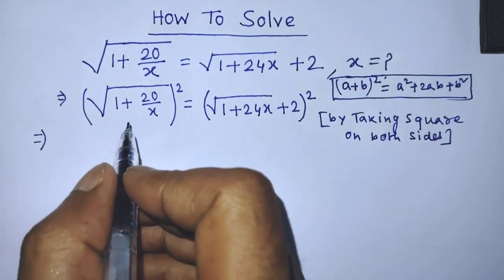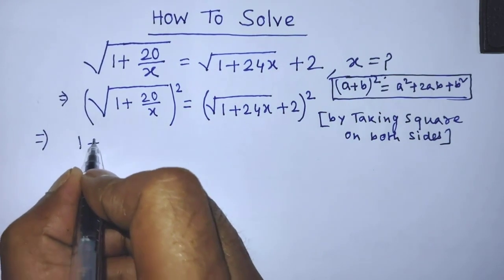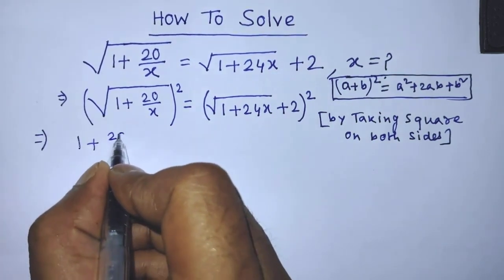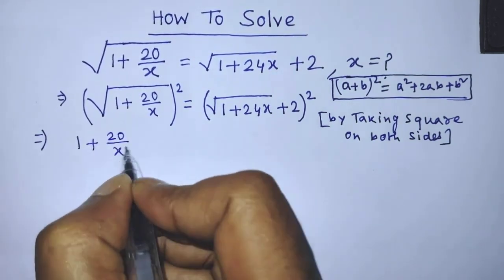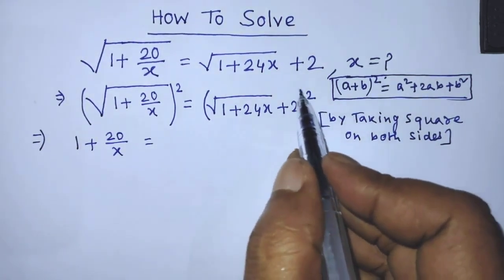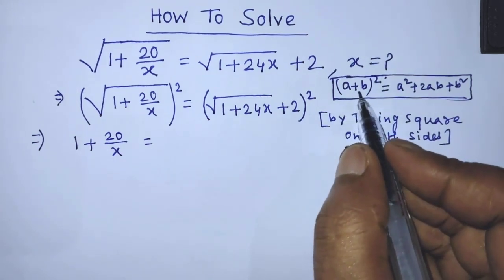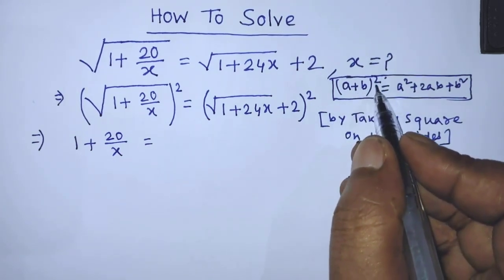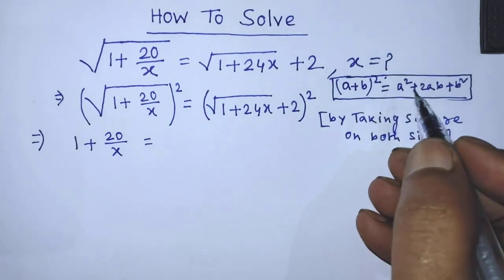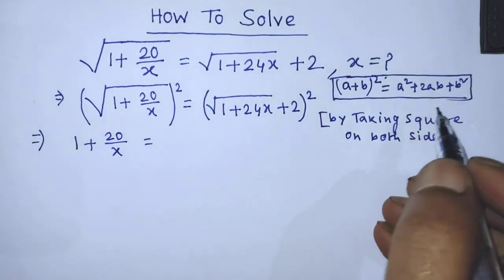From the left hand side we get 1 + 20/x is equal to, to simplify this algebraic expression we have to apply the formula (a + b) squared is equal to a squared + 2ab + b squared.